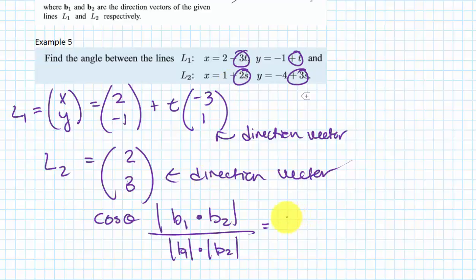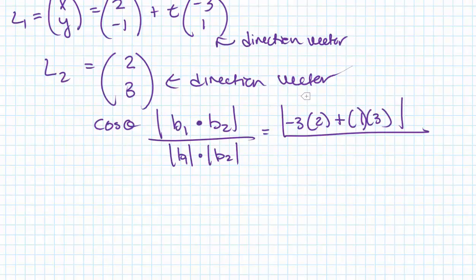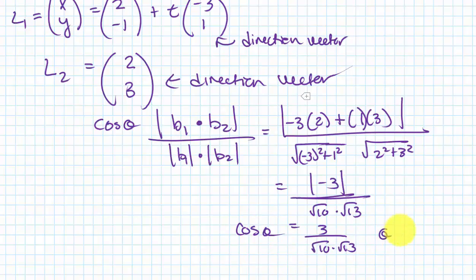So we have the absolute value of -3 times 2 plus 1 times 3, over the magnitude: the square root of (-3) squared plus 1 squared, and the square root of 2 squared plus 3 squared, which gives us 3 over root 10 times root 13 equals cosine theta. So theta is equal to 74.7 degrees.